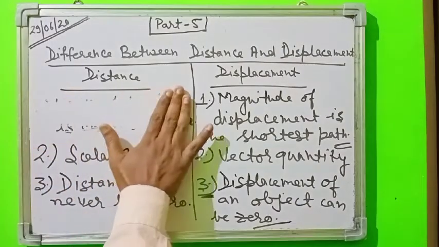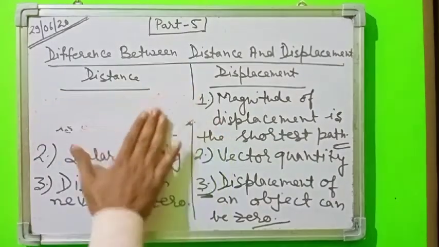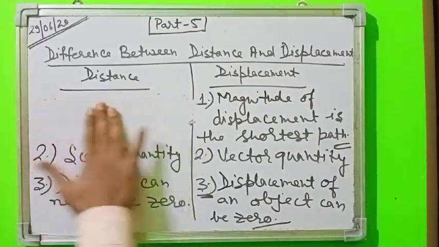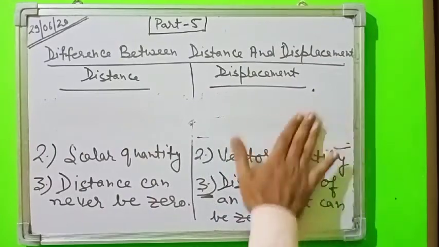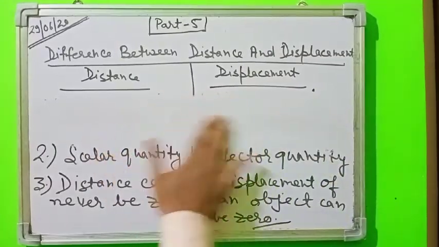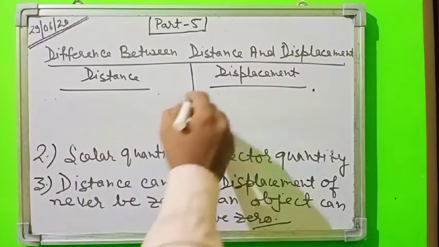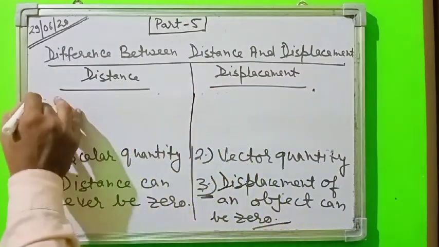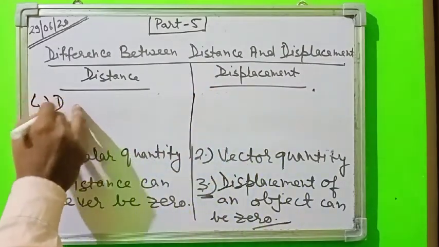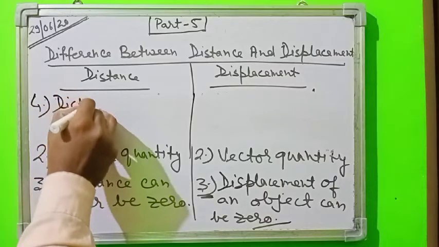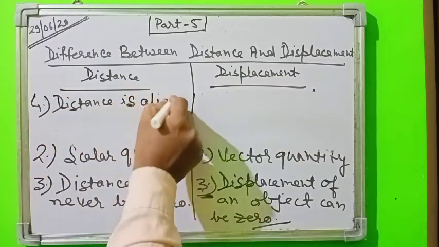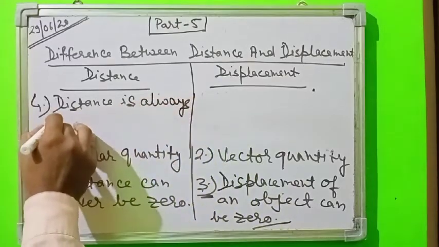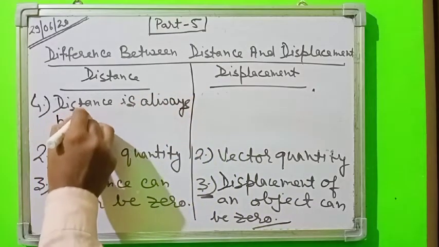Next difference is distance is always positive.